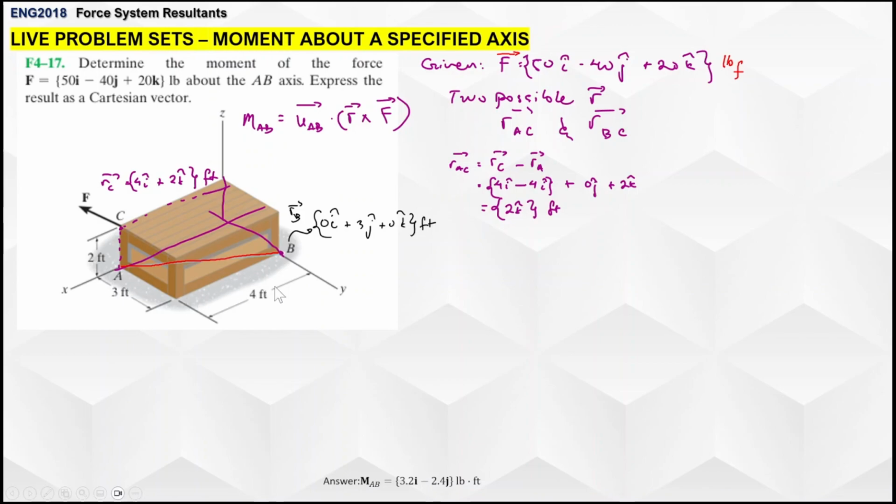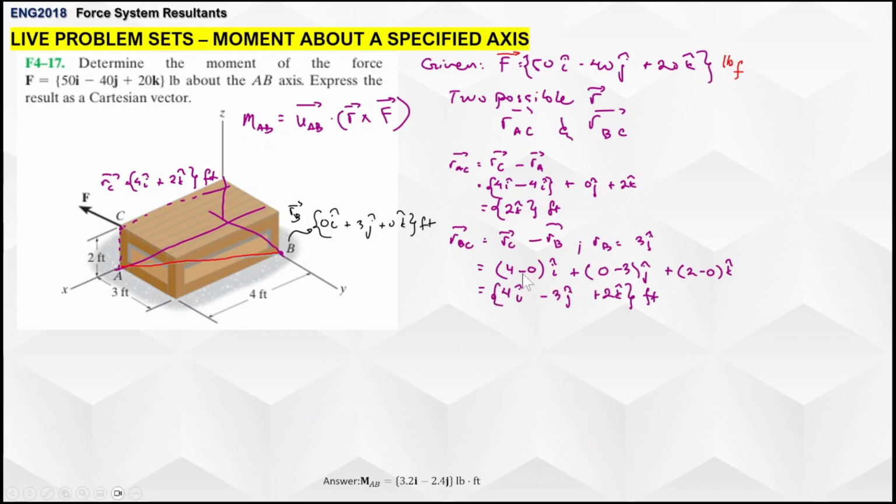And 0 j, since they have no coordinates in the y-axis, and point A doesn't have a Z, so it only exists in the x-axis, so that's 2 minus 0, so that will be 2k. So that's 4 minus 4, 0. RAC will be 2k.